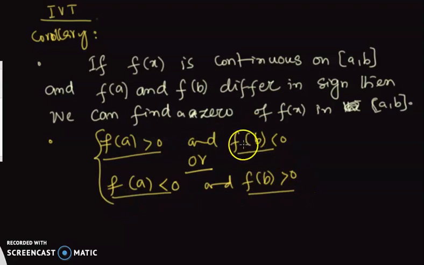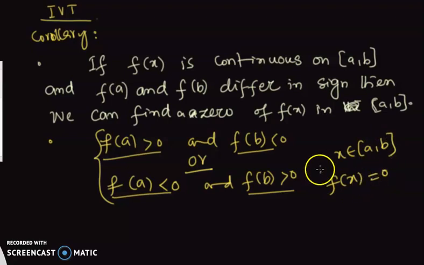If one of these conditions holds along with continuity, then we can find a number x in the interval a to b such that f of x is equal to 0. So you can find the root of the equation given by f of x, or you can find the 0 of this function. Why does this result hold?